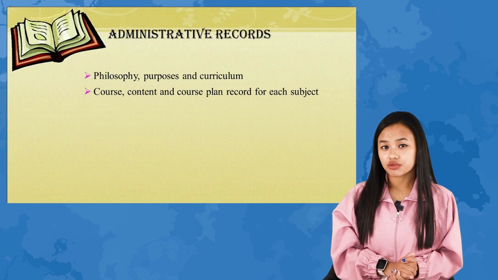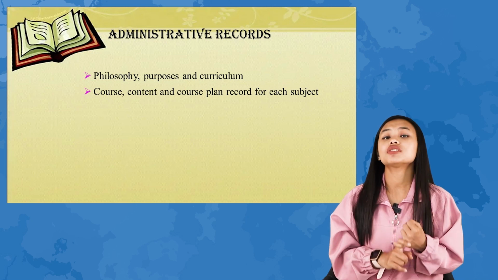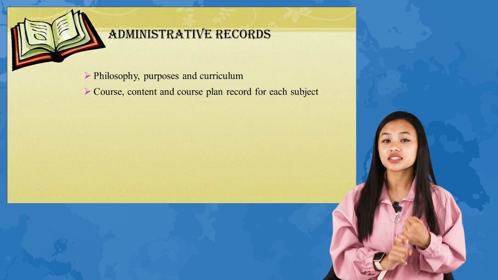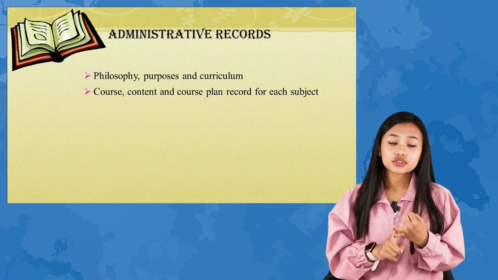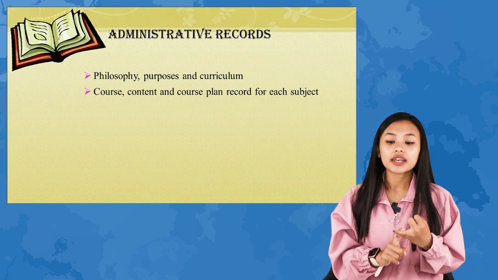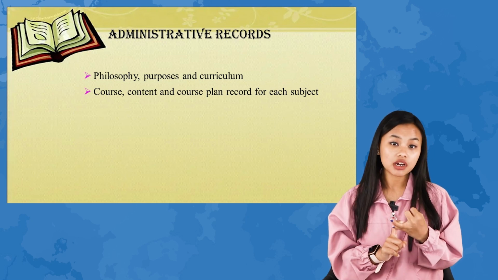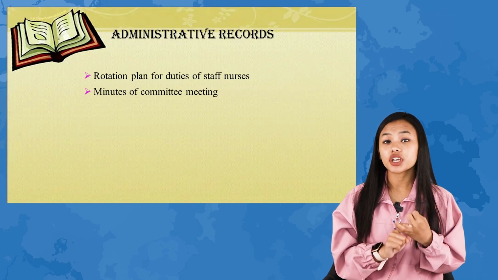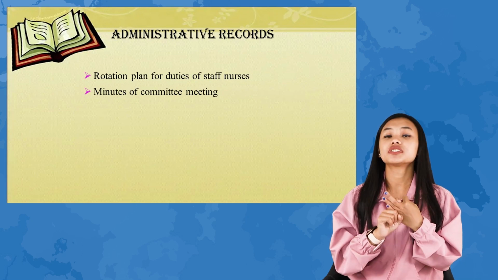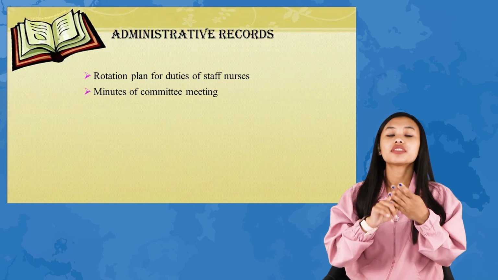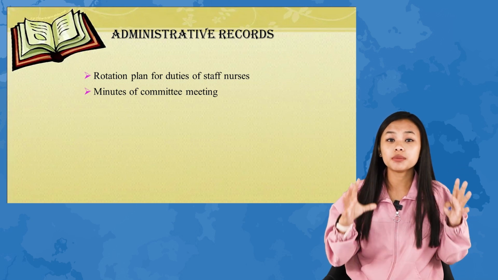So this administration record can also include the philosophy, the purpose, as well as the curriculum. It can include the course content, the course plan, and a record for each and every subject. It includes the rotation plan for the duties of the staff nurse. It also includes the minutes of the committee meeting.